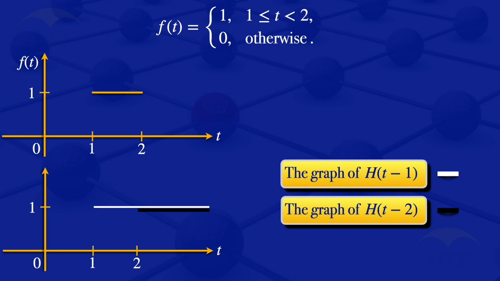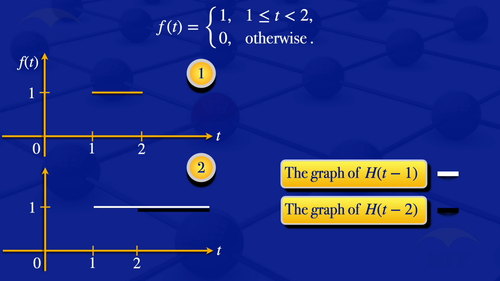Let me go on and label our first graph, where we have the f(t), as 1 and the second graph as 2. What we see in graph number 1 is that the function is 0 whenever t is greater than 2, or if it is less than 1. So to obtain that function in graph number 1, we can use those two graphs in graph number 2.